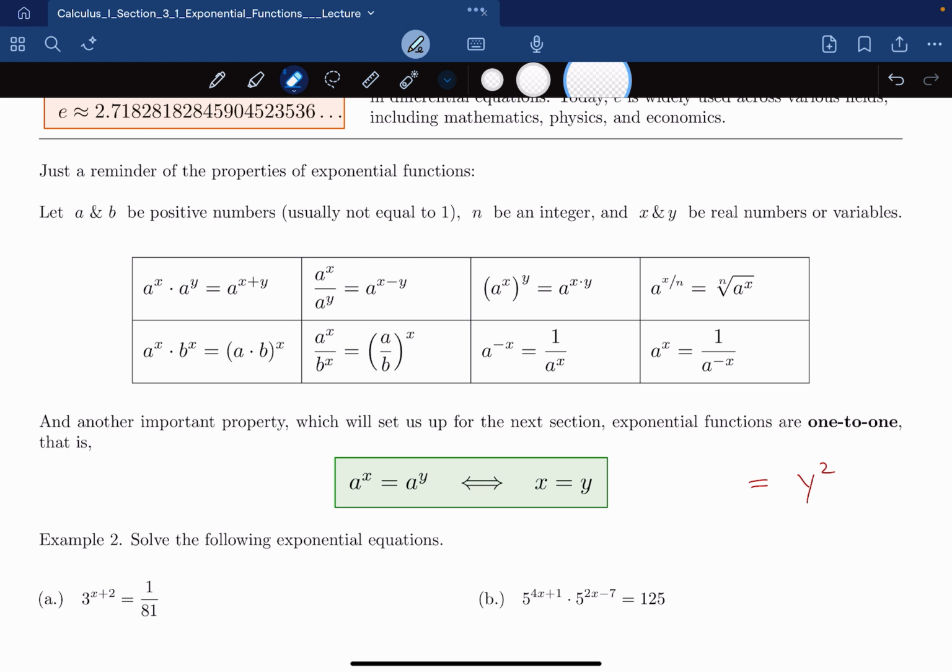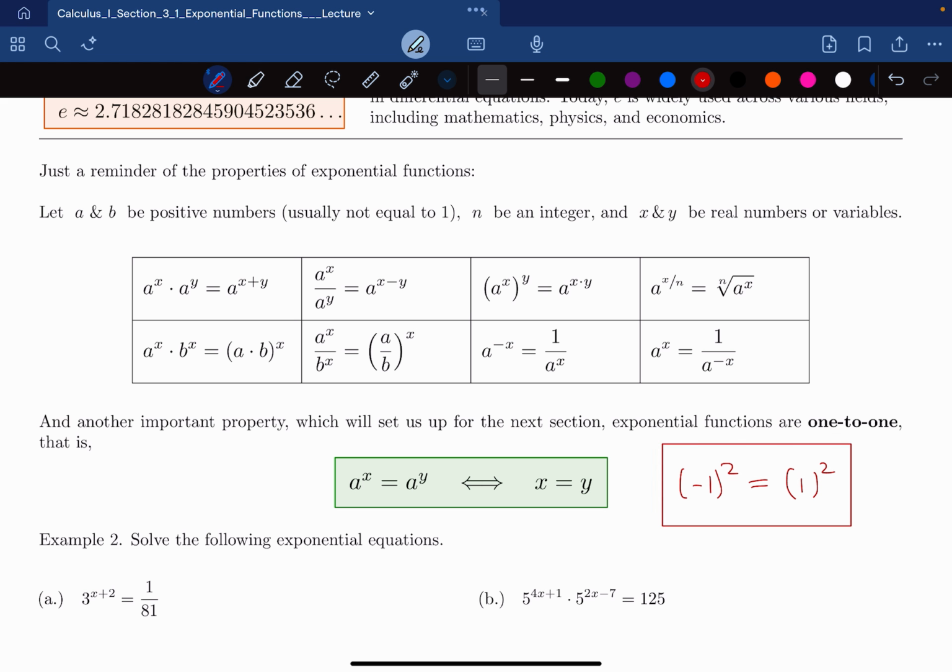For example, -1 squared is equal to 1 squared, but you can't drop the exponent and say -1 is equal to 1, right? So this does not work. And we know that the square function is not one-to-one, so this much should be somewhat obvious.